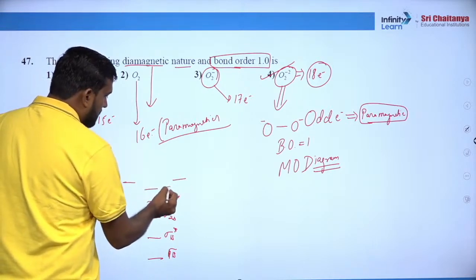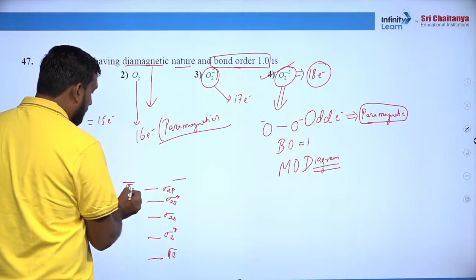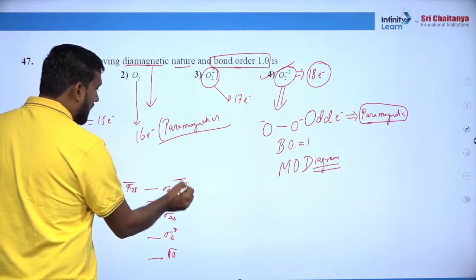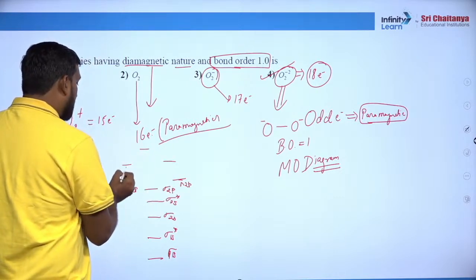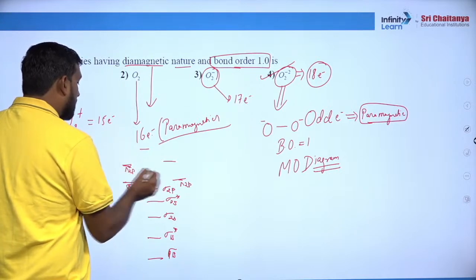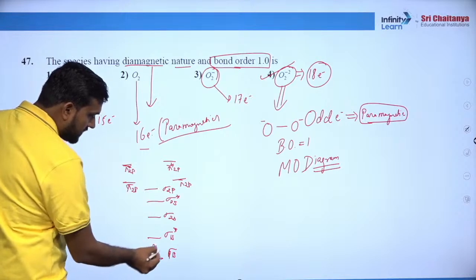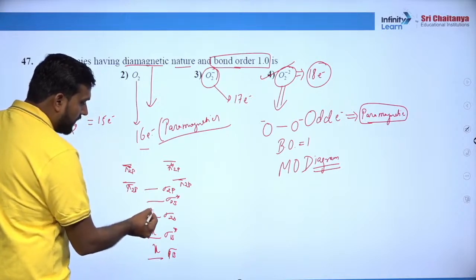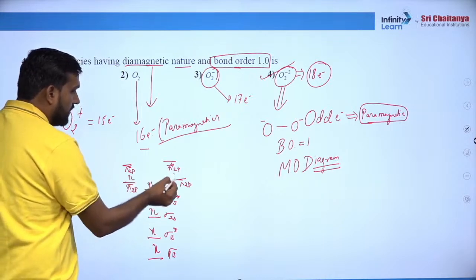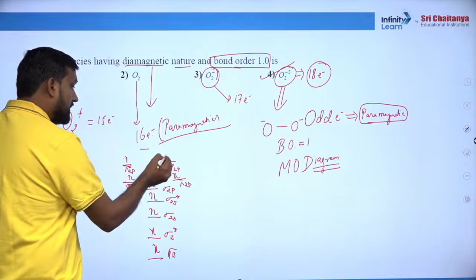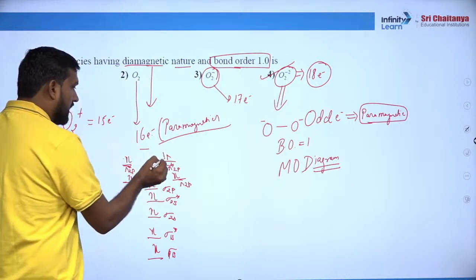Here there will be sigma 2p, and here pi 2p, and here also pi 2p. Then there will be pi star 2p, and here also pi star 2p. Now fill in the electrons: first, second, third, fourth, fifth, sixth, 7th, 8th, 9th, 10, 11, 12, 13, 14, 15, 16, 17, 18.